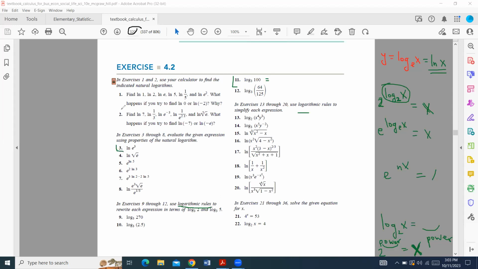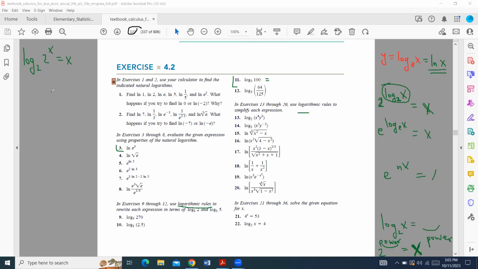So ln of e cubed. Let me go with base 2, I think it's more intuitive. If you have logarithm base 2 and the power, the base for the logarithm and the base for the power are the same, so x will stay. Why again?